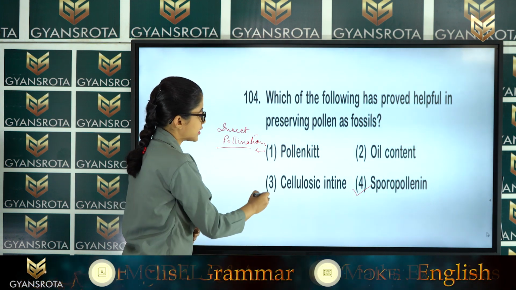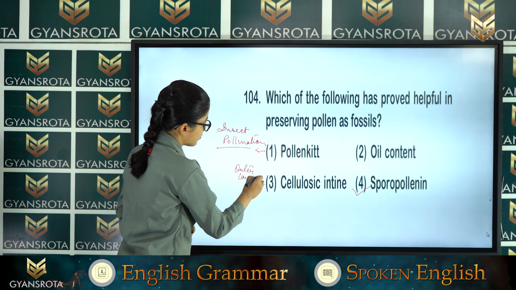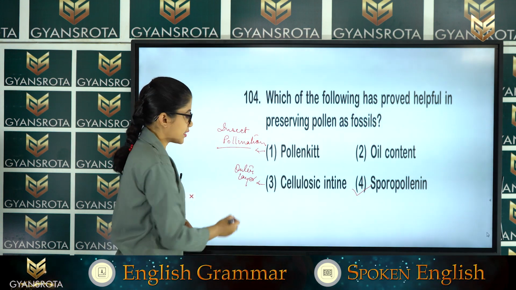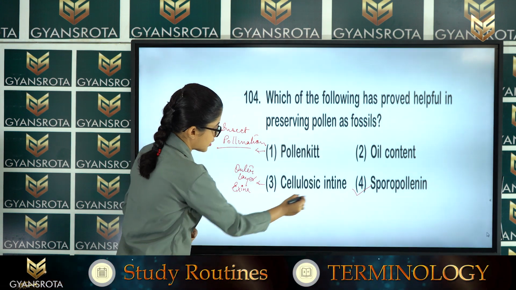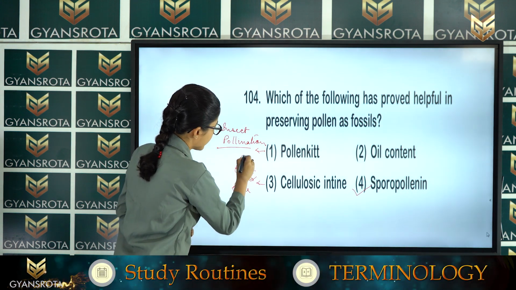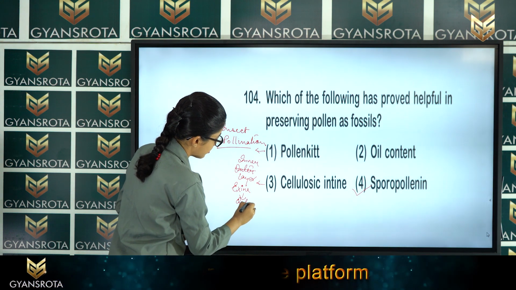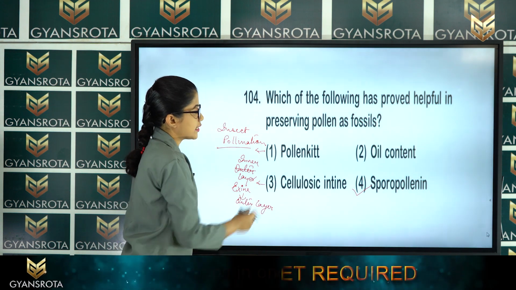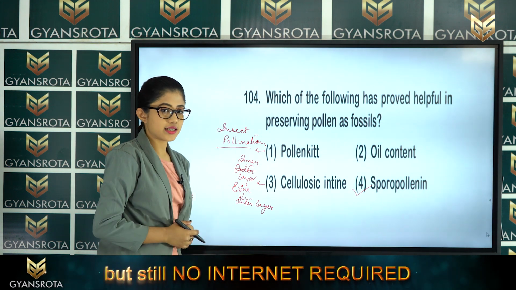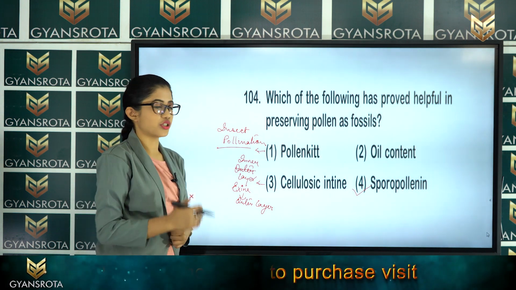And cellulosic intine, that is the inner layer of the pollen, and the outer layer is the exine. Sorry, intine will be the inner layer and exine will be the outer layer of the pollen. And oil content is also not the correct answer. So sporopollenin will be the correct answer for this question.